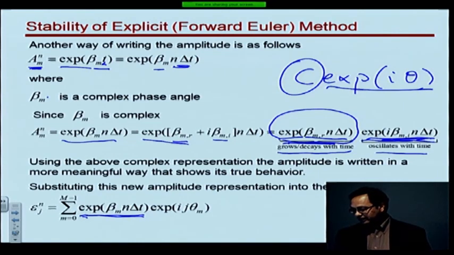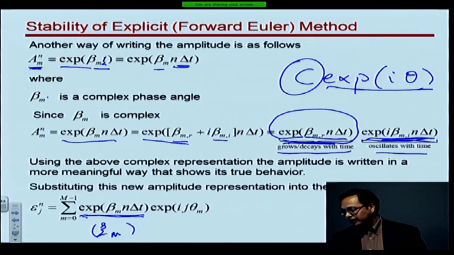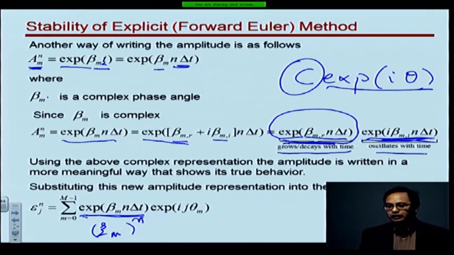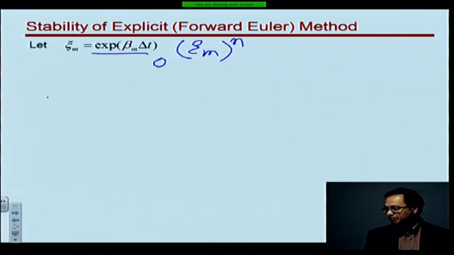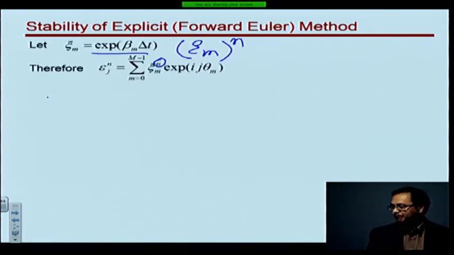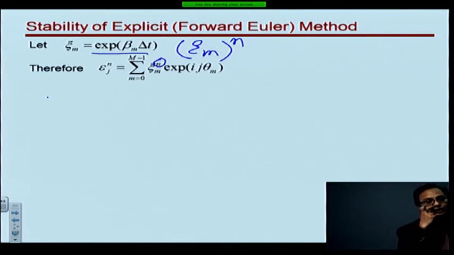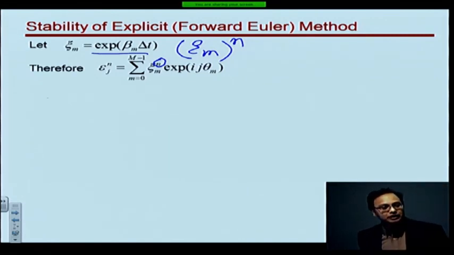E to the power beta m delta t is xi m, so therefore this is xi m to the power n. Even though it looks like just a superscript denoting time index, it is not a superscript denoting time index. It is actually to the power n. So make a note of that just so that it doesn't confuse you when you go through the derivation.